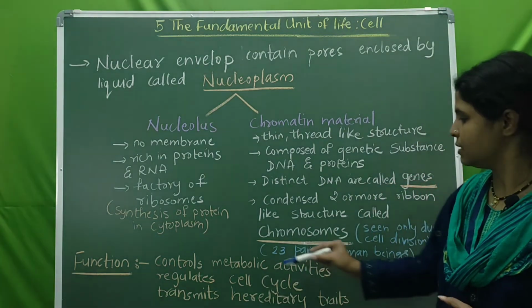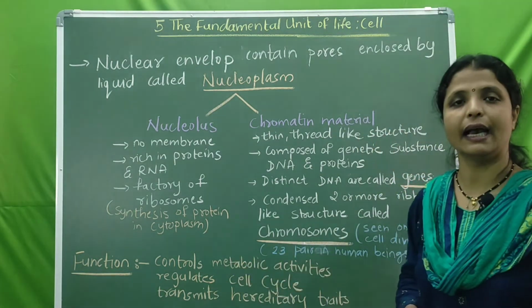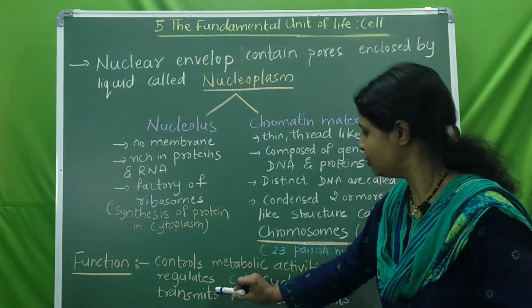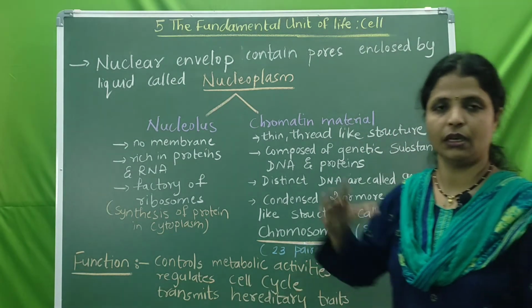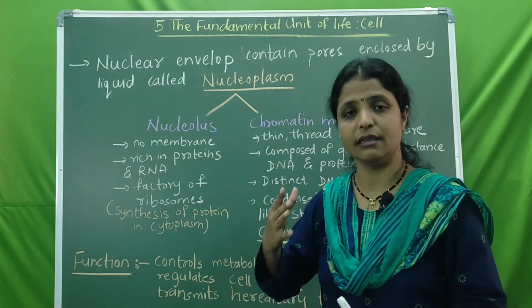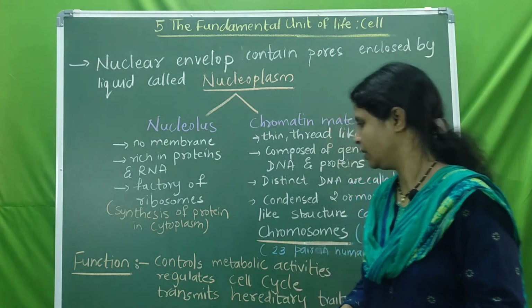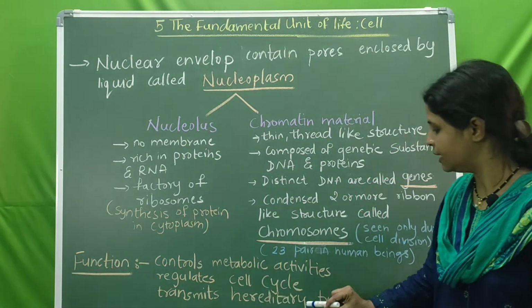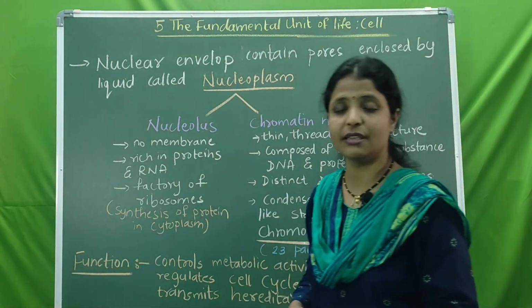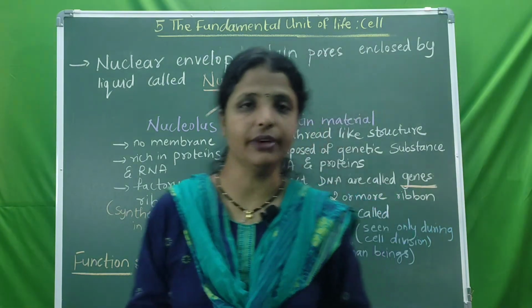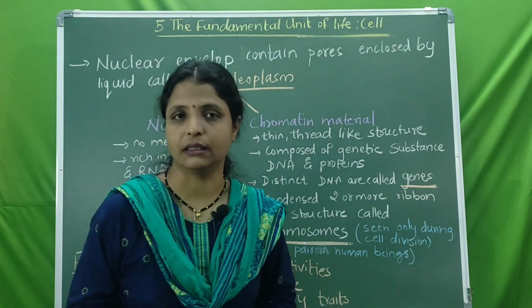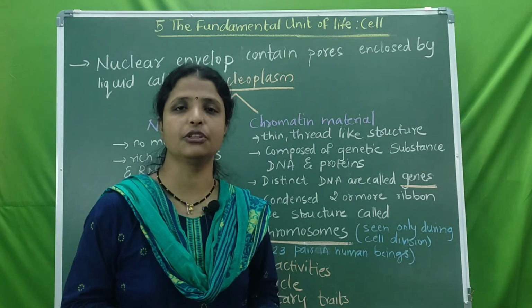So it controls the metabolic activities. Then it regulates the cell cycle. The cell cycle will be continued. It also transmits the hereditary traits, helping in the transmission of hereditary traits or characteristics from the parents to the child.